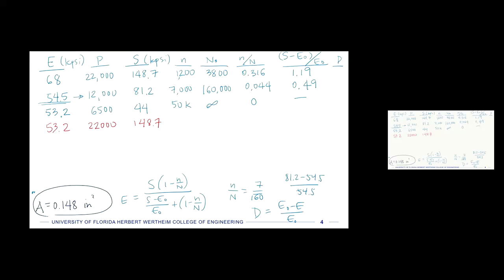So our expected number of cycles that this is going to last is less than it was before. So before it was 3,800, okay? And now it's going to be 1,400 because the whole curve has shifted down by about 15 kpsi. So if we keep the same slope, this is what it comes out to be. Okay, a number of cycles is the same.